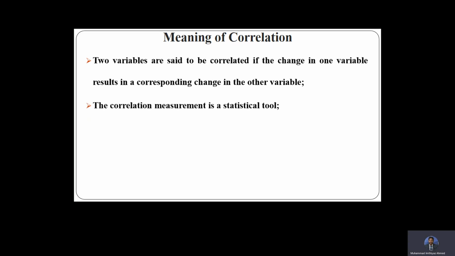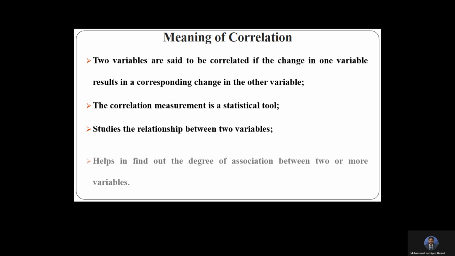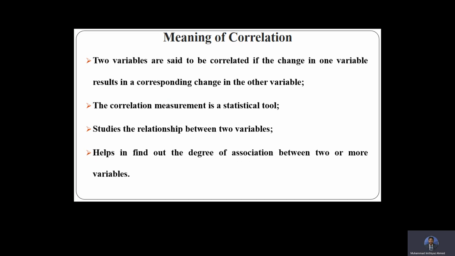Now, correlation measurement is a statistical tool. How they are measuring, we are going to see. It studies the relationship between two variables, whether the variables are really correlated in a positive way or negative way. That's why we are studying. It helps to find the degree of association between two or more variables.